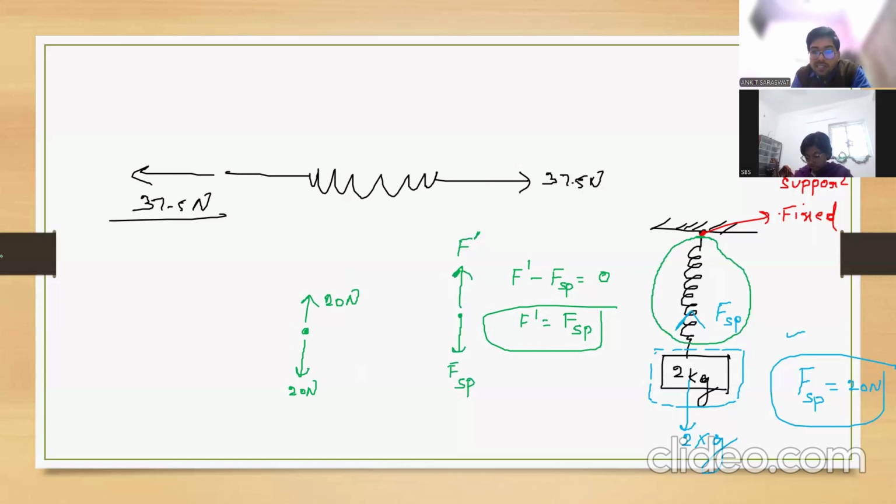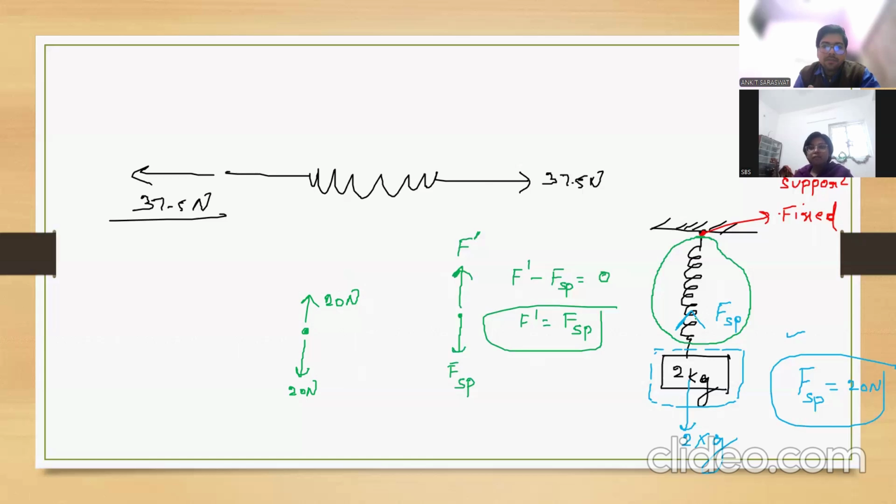Net force is 0, but still elongation is there. If you attach any weight, this will elongate. There is spring force. Understood? What I just want to convey here is that even on a spring, even when you are pulling with equal force, still extension is there.